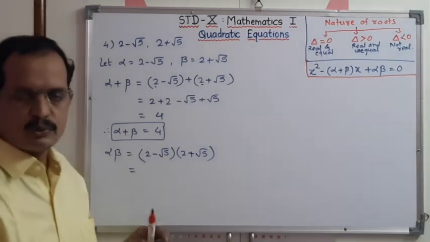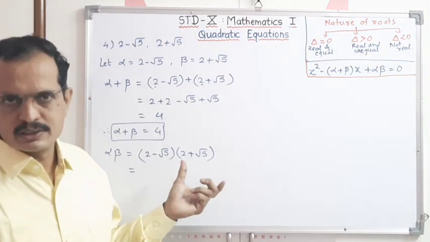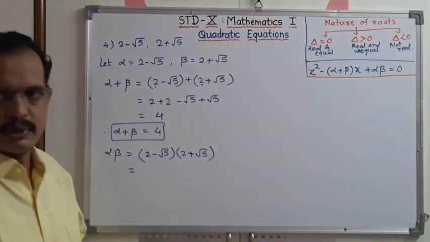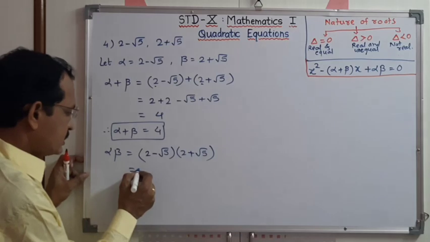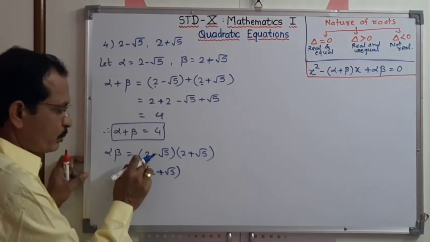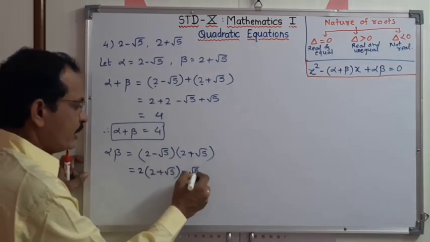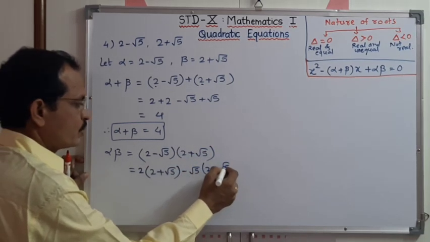Now all of you know that we have to use the formula (a plus b)(a minus b), or if we do the multiplication, what will be the answer? See, 2 into 2 plus root 5, we have to multiply this 2 with the whole bracket, and this minus root 5 with this 2 plus root 5.